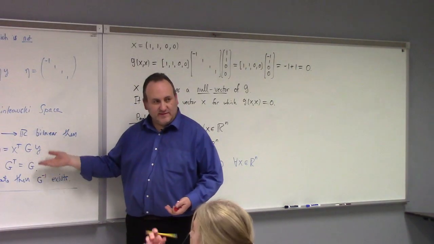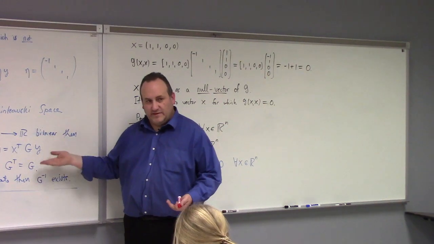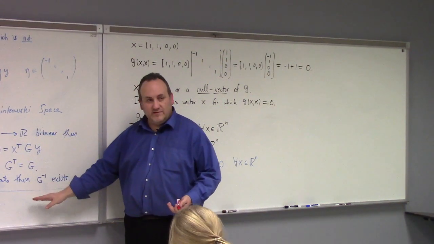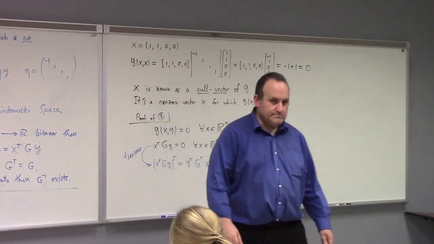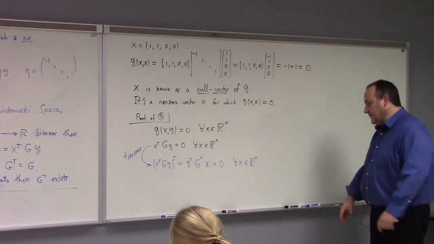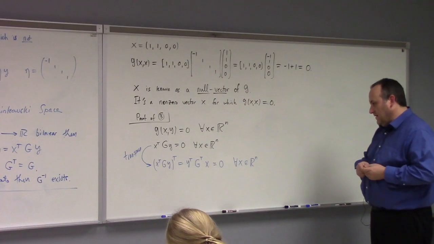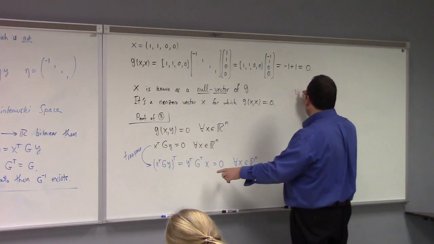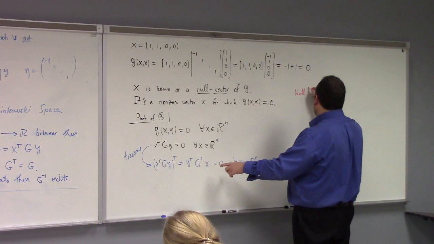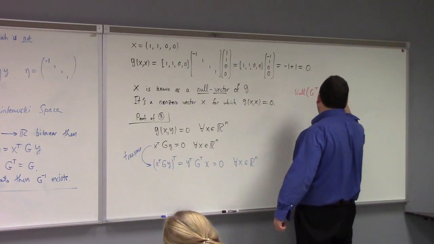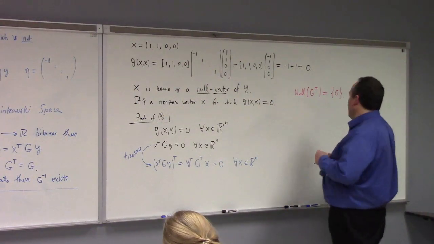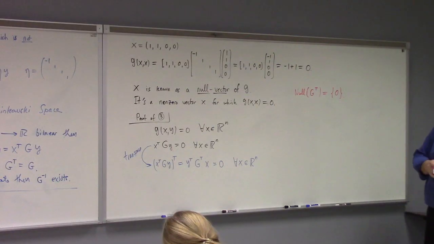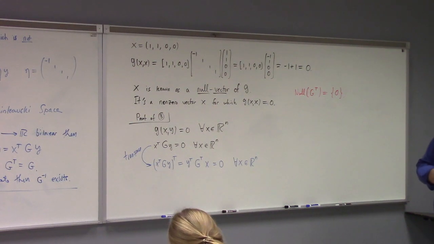It would easily satisfy axioms 1 and 2. It's symmetric, it's bilinear, but it's definitely not non-degenerate. Just send everything to 0. Any ideas? My intuition is that we can argue that the null space of G transpose has to be equal to 0. I think we can prove that. If we can, we're good, because then the rank-nullity theorem says it has rank n, therefore it's invertible.